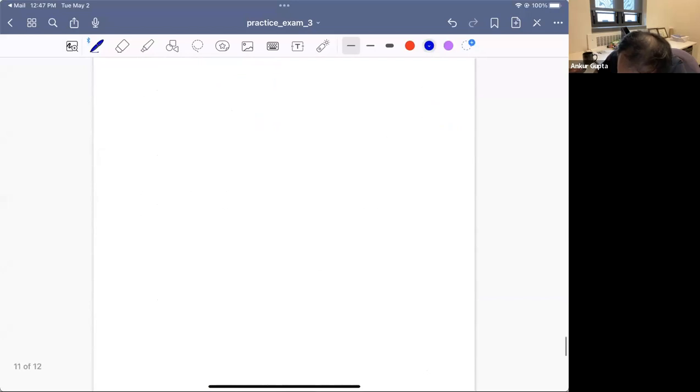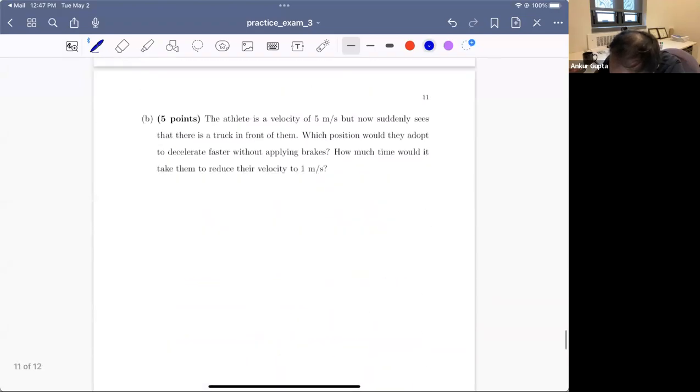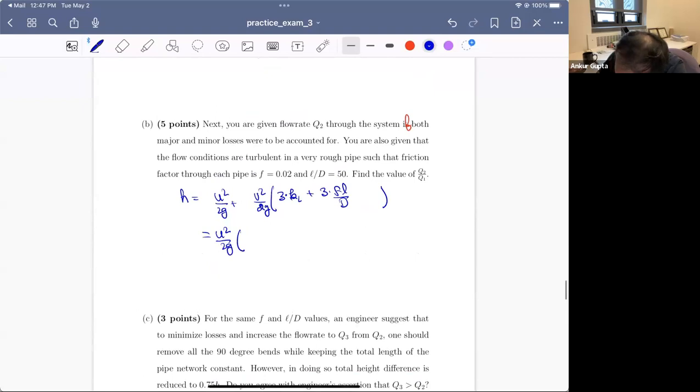So just to make sure we are getting it correct. Yeah, regular and threaded. And so all we're saying is 3 into KL. So 3 into 1.5. F into L by D is 1 because this multiplying is 1.